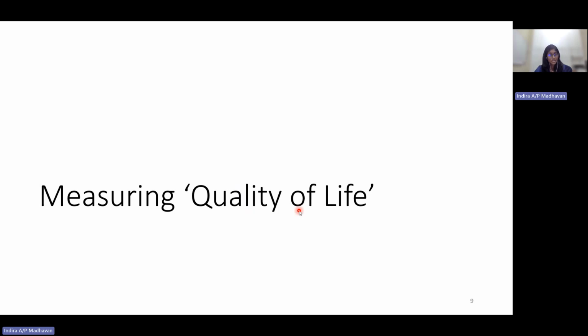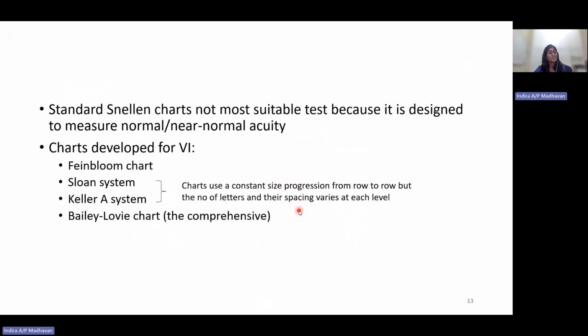We also looked at the visual acuity measurements, the charts that are being used, and the purpose of doing all this. What are the new charts that are created for visually impaired persons, what is the procedure, and what is different from the normal way of doing the measurement.